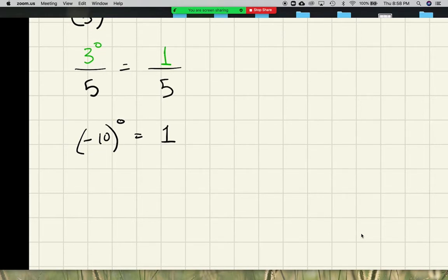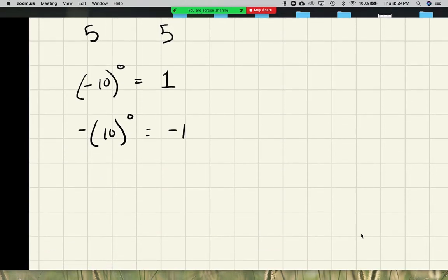But if we have a negative on the outside, this one would be 1 and then the negative, so negative 1. That's the same thing for negative 10 to the 0 written without parentheses. So this would be negative 1.